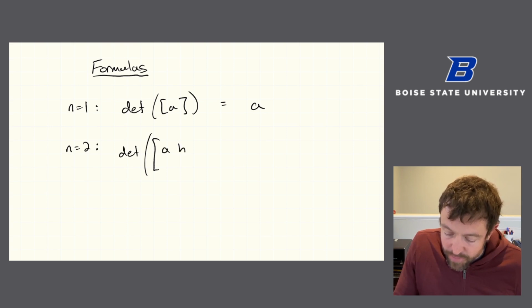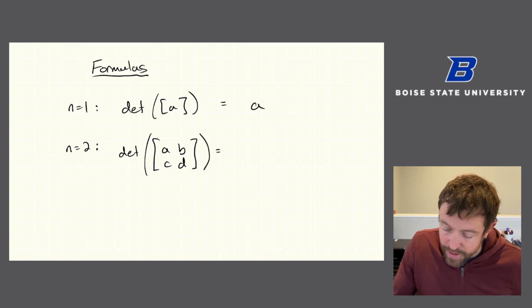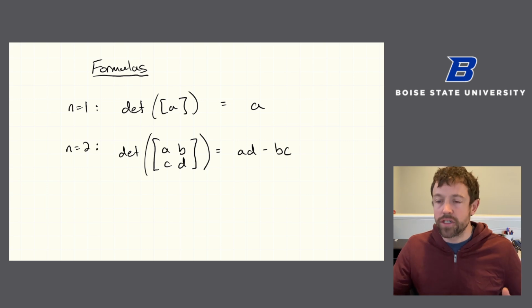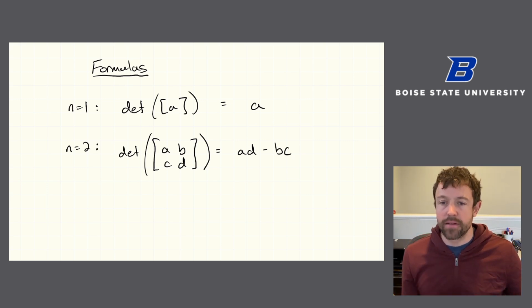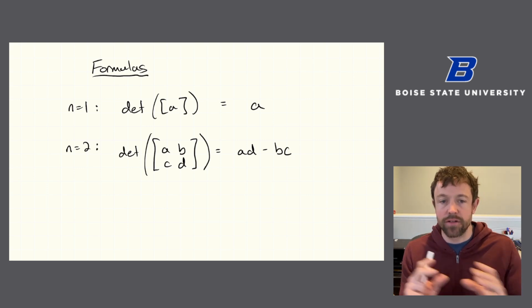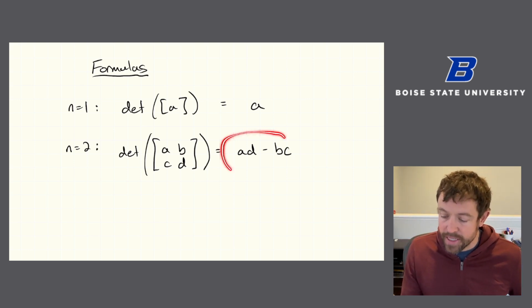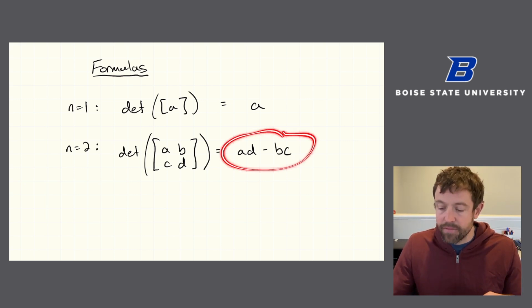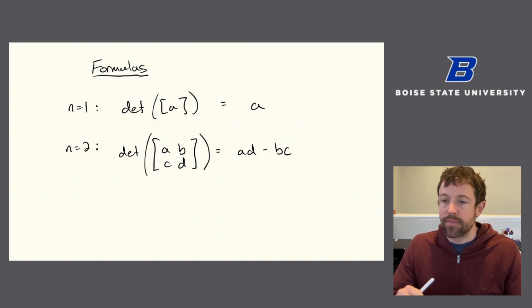But the determinant of the matrix A, B, C, D is AD minus BC. And in that video, they show how the parallelogram that this linear transformation takes the unit square to has this area, or maybe this thing is negative, and that means that the transformation has changed the orientation of the vectors.